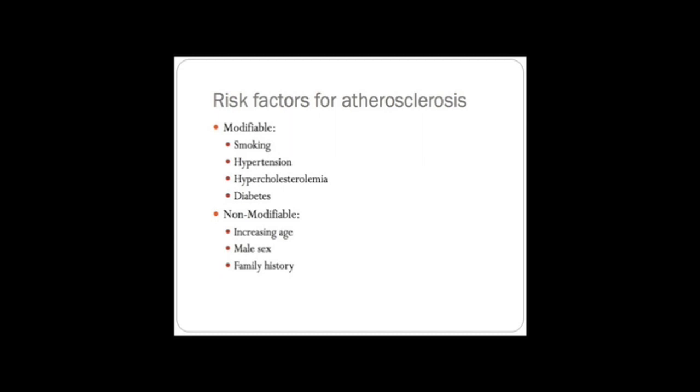Absolutely. But of course, the non-modifiable risk factors are important as well in thinking who's at risk. Seeing a patient in front of you who's old and has a family history of ischemic heart disease raises your suspicion. Particularly a family history where relatives have been affected under the age of 55. Yes, where they've been young.